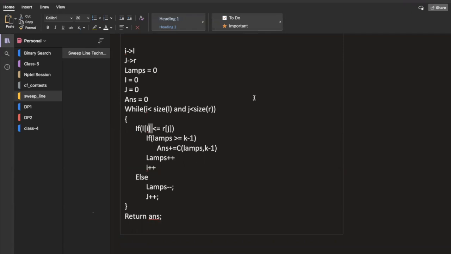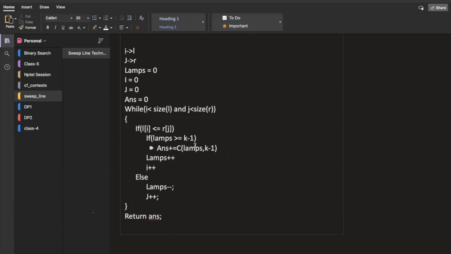But do we need to specifically consider the ith lamp? Because as long as k are on, any k could be chosen, right? Yeah, but we need to look at the contribution of the ith lamp, of this lamp which just turned on. Why is the contribution of the current lamp important?